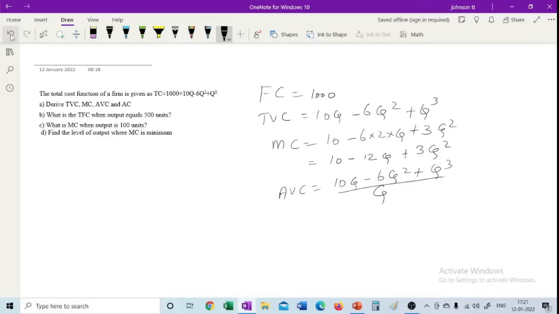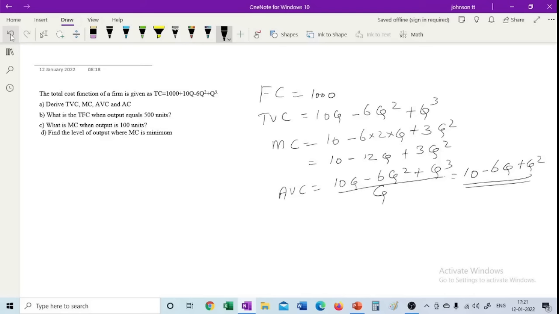So that is equal to 10 minus 6q plus q square. So that is the average variable cost, 10 minus 6q plus q square.